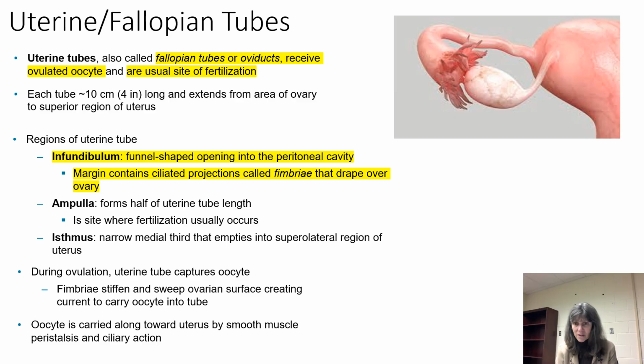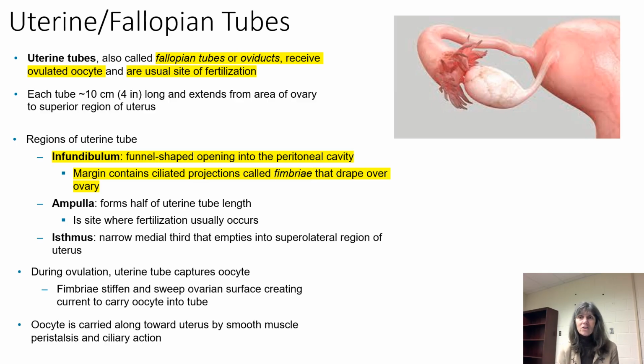Now, sometimes fertilization can occur outside of the fallopian tube, in the abdominopelvic cavity, in which case it usually will disintegrate, but there have been some circumstances where that fertilized ovum, the zygote, attaches itself to a structure within the abdominopelvic cavity and may actually start to grow.